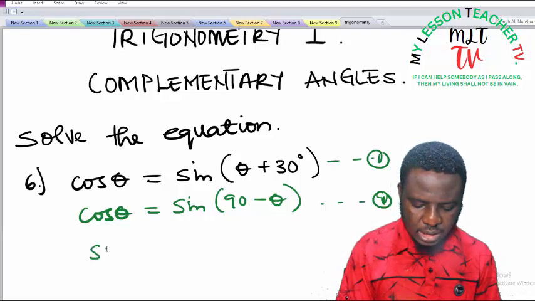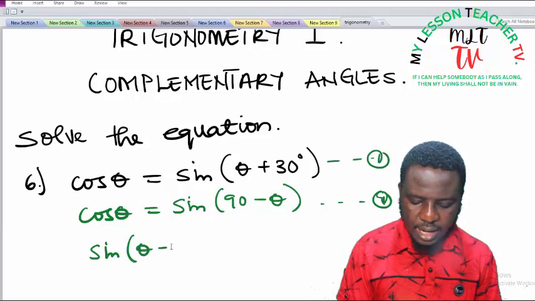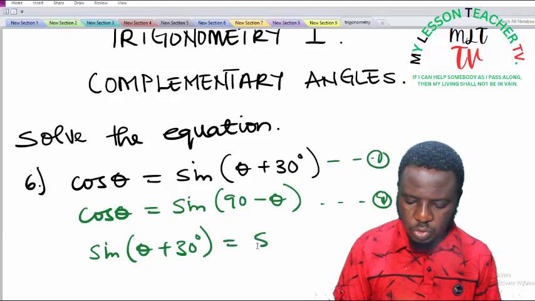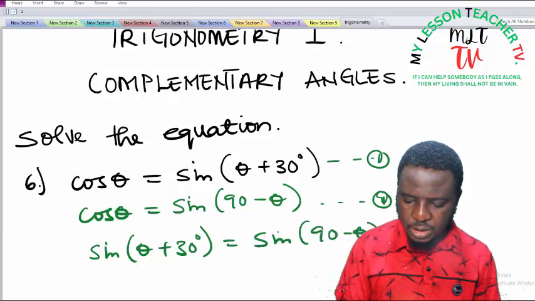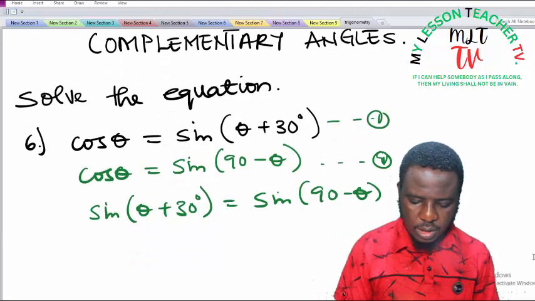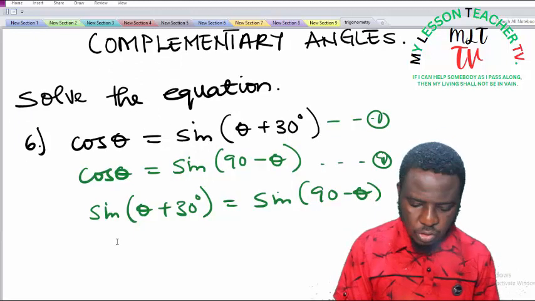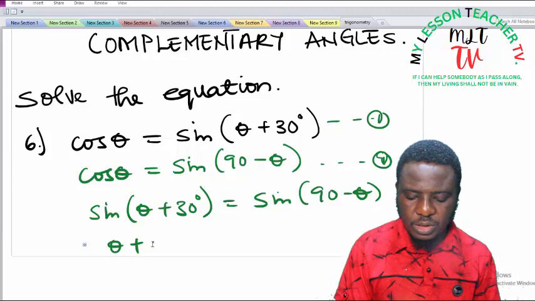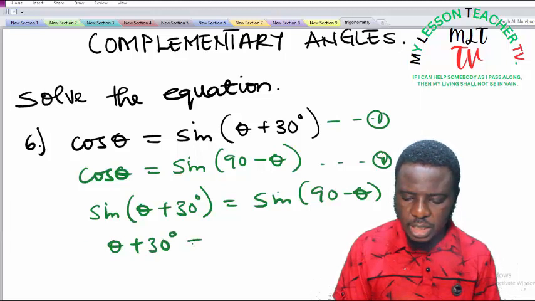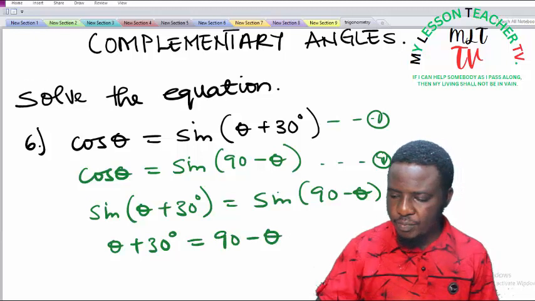That is to say that sine theta plus 30 degrees is equal to sine 90 minus theta. By comparing the angles, you have it that theta plus 30 degrees is equal to 90 minus theta.